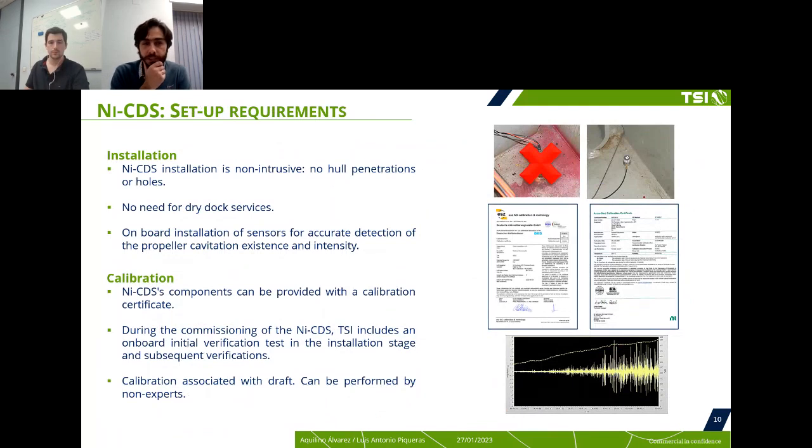It's worth mentioning that before starting this development, we had to identify which were the requirements for the system to be successful in technical terms. So there were two key aspects we identified in terms of requirements.